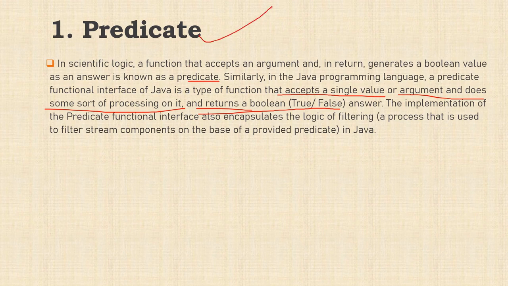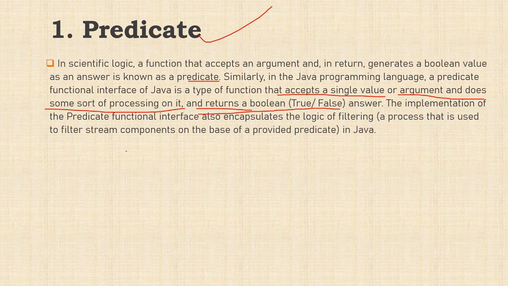Predicate will accept a single argument and return true or false, a boolean value.